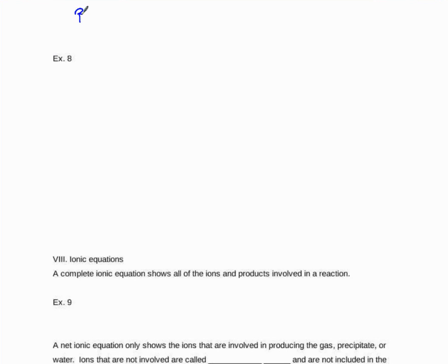So the first one, barium chloride plus magnesium sulfate.